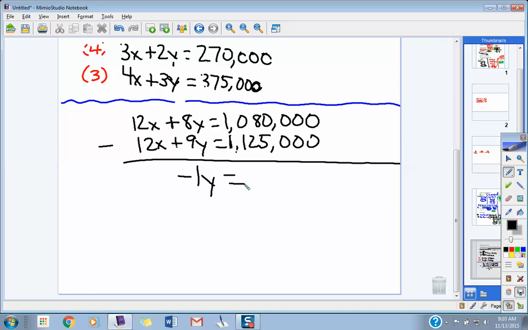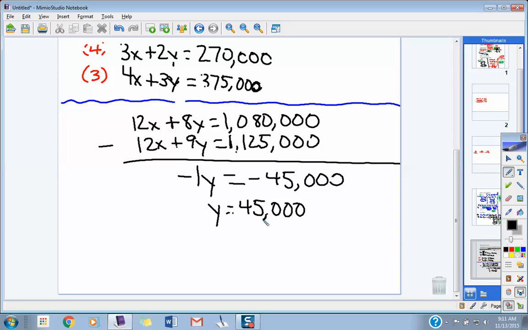Oh my gosh. Negative 45,000? Okay, so when I divide both sides by negative 1, what's the y value there? So I have a y value of 45,000.